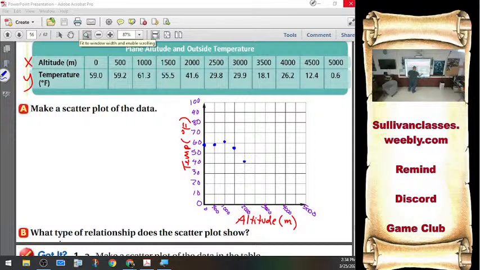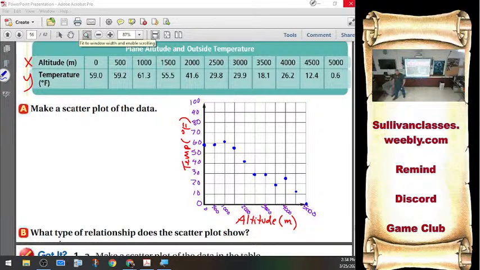Okay, now we're going down. 2,500, 29.8, so just under 30. 3,000, 29.9, so about the same. 3,500, 18.1, so it dipped down again. 4,000, 26.2. About halfway through the box. 4,500, 12.4, and 5,000, almost nothing.